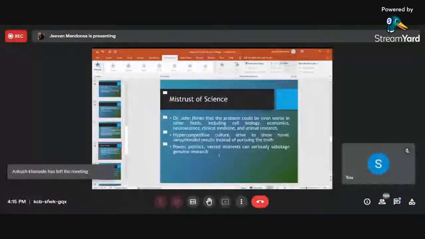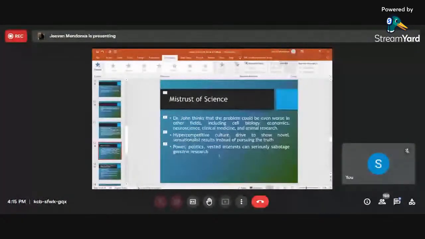Definitely not. Nothing is hunky-dory in research. Basically, research is done by human beings, and where there are human beings, there are always some complexities, there can be problems, and the field of research is not immune to it.